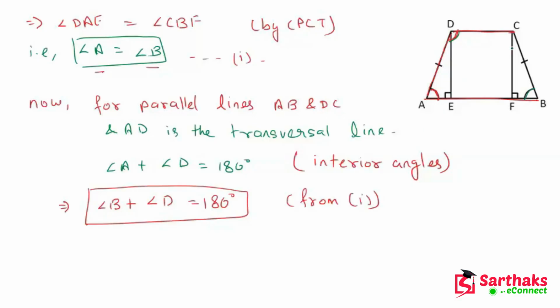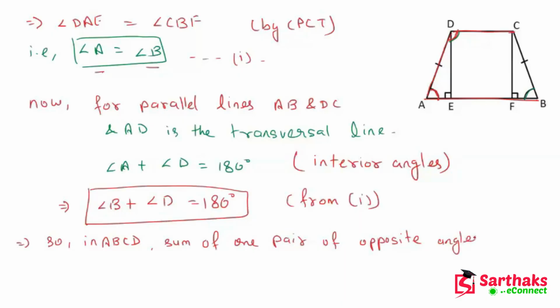Therefore, we can say that ABCD is a cyclic quadrilateral, and hence proved.